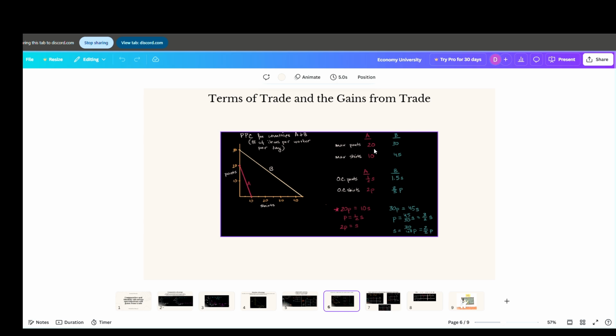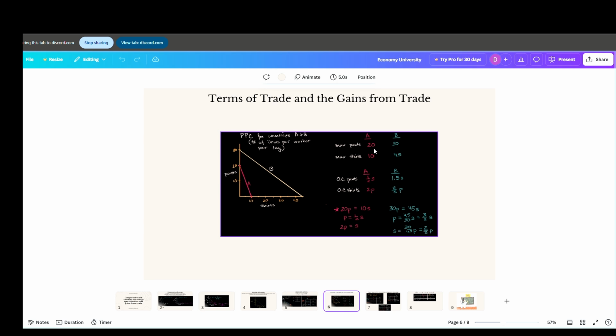For this, we again calculate opportunity costs. For country A, opportunity cost of a pant is half of the shirt, and opportunity cost of the shirt is 2 pants. And for country B, it's 1.5 shirts for 1 pant, and 2/3 pants is the opportunity cost of 1 shirt.